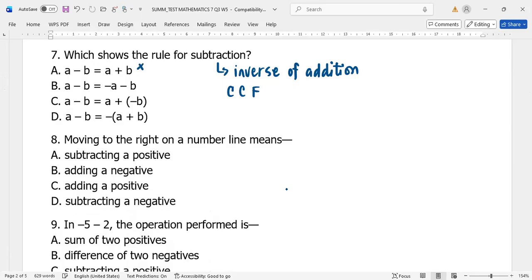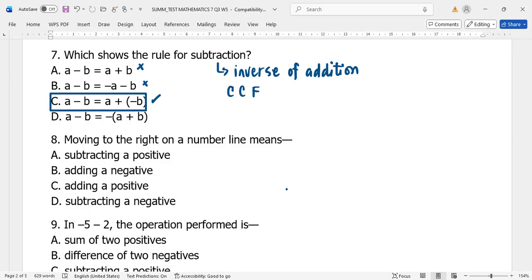That is incorrect. A minus b, that is equal to negative a minus b. So they changed the sign of the first term. So that is wrong also. A minus b. So we get a plus negative b. Okay, this one will be correct. So copy, change, and then flip. When you say flip, change the sign of our given number.